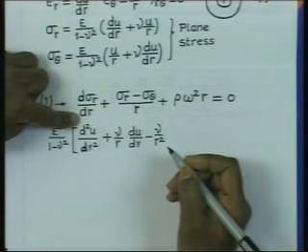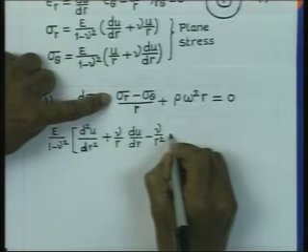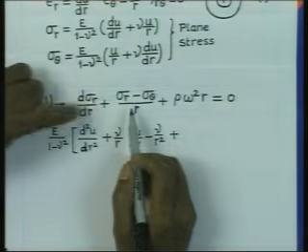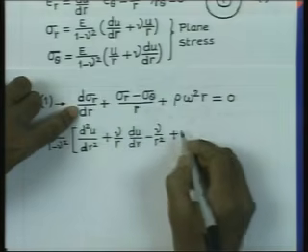That is d sigma r dr, and then we can also go on substituting the value of sigma r and sigma theta here.